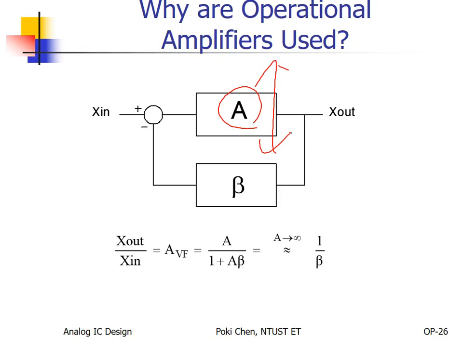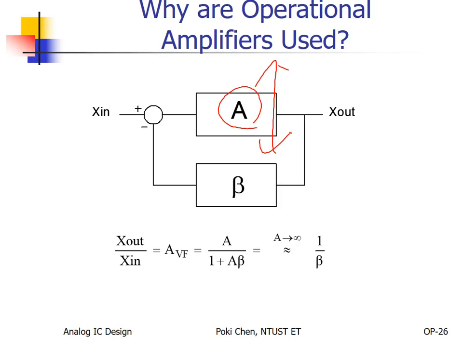For example, if you have some kind of speaker driver and the gain varies too much, maybe 50% of the mobile phones, you say the sound is broken because it's too loud. And for 50% of the mobile phones, you say, hey, it's too small. The volume is too low. I cannot hear the voice clearly. So how to control the gain after fabrication? How to get stabilized enough gain?